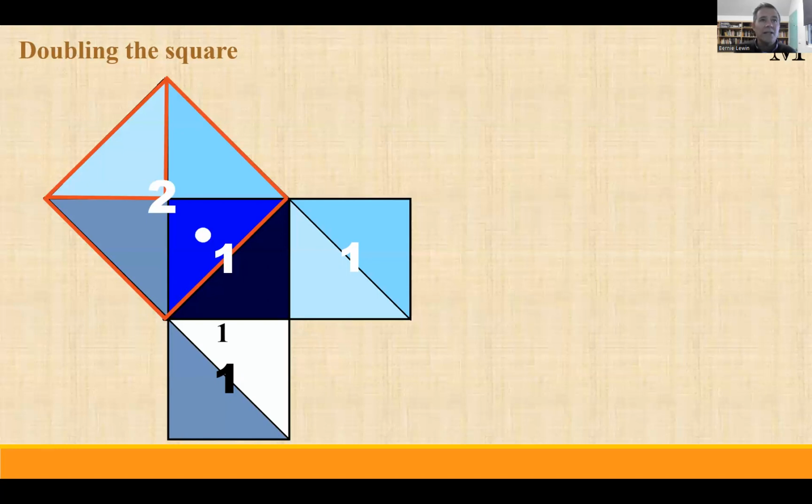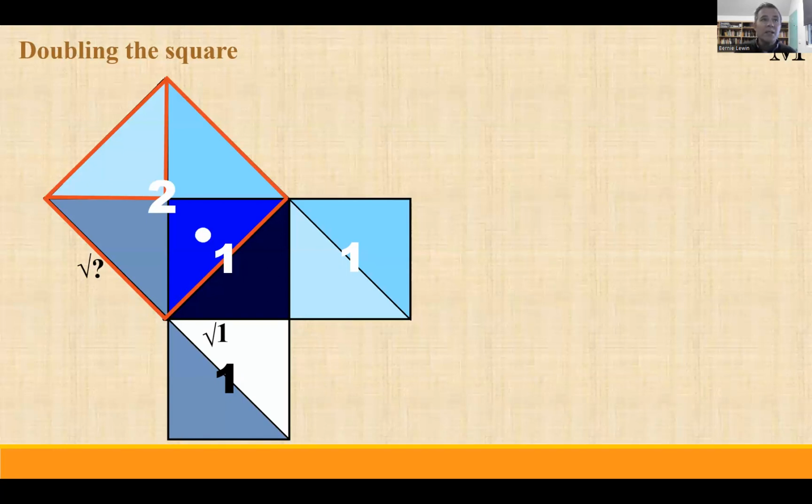But now, what is the length of the side of the second square? We know what the area is, but what is the length of the side?